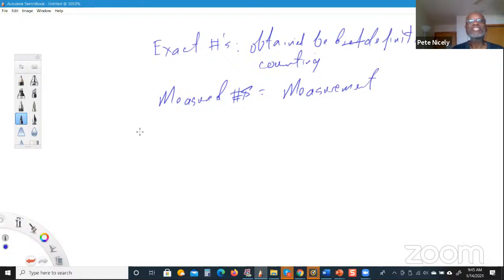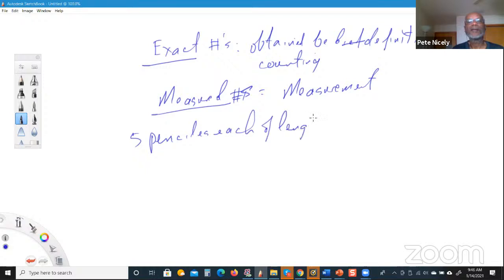Now, what if you have a sort of problem where you have both exact numbers and measured numbers? So, for example, let's say you have, and this is a problem again I'm making completely from my head, let's say you have 5 pencils, each of length 5.5 centimeters. All right.